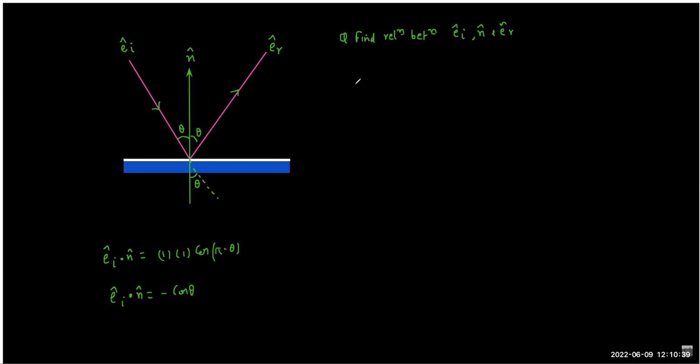So this ER we can write as the sum of projection along the N cap and projection perpendicular to N cap. This is how we write. So how to write a vector? There are many ways.